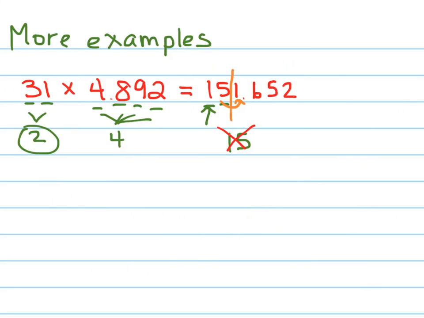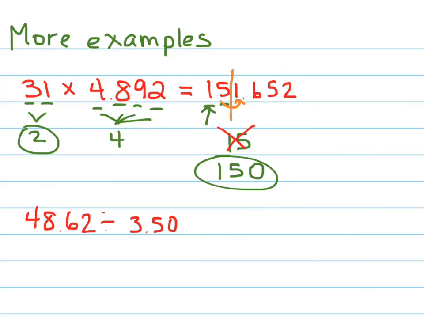It's in the hundreds place, so 151.652. So in our answer, that 1 still has to have the value of 100. So we can't use that 1 after my orange line. So we're going to round that off and make it a 0, 150. Remember, if I don't put a decimal at the end of this, then only the 1 and the 5 are significant, and we still have 2 significant figures in our answer. So our answer is 150.